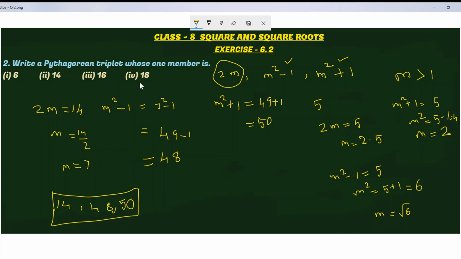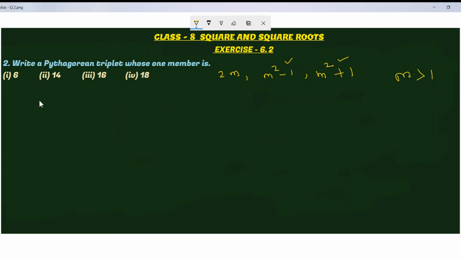Let's do the fourth part. The third part you can do yourself. So 18 is also an even number, so I am going to take 2m is 18. If 2m is 18, our m is 18 upon 2, which is equivalent to 9. So m is 9. We need to find the rest of the numbers.